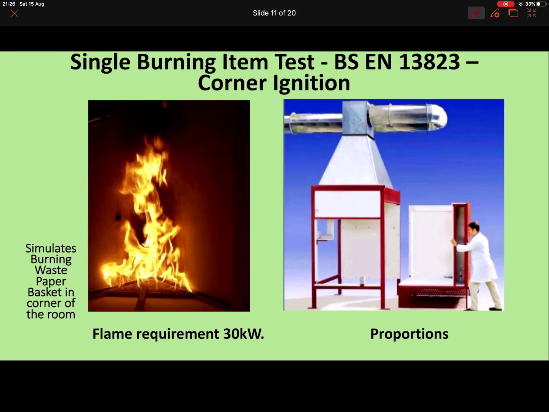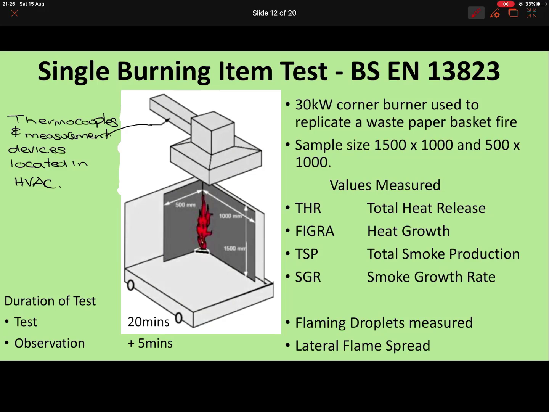There on the left hand side is the burner. Now that is simulating a waste paper basket fire in the corner of the room. That's basically the simulation for it, what the thinking is. On the right hand side, that shows the proportions, and like I said, it's a medium scale test.